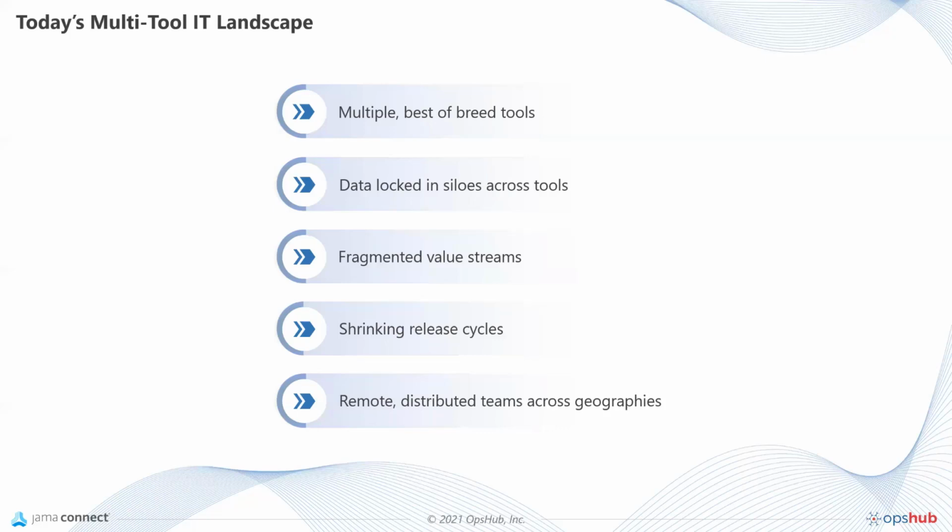What we're also seeing, of course, is a continued reliance on remote or distributed teams across geographies. The product development world, the world in its entirety, has really gone through a transformation over the last 15, 18 months.